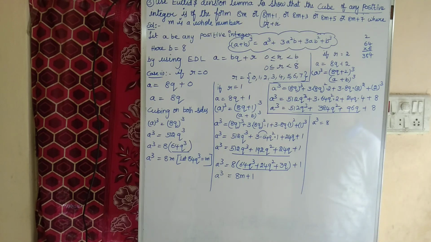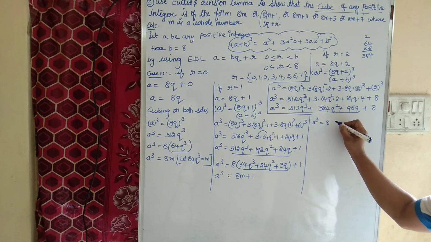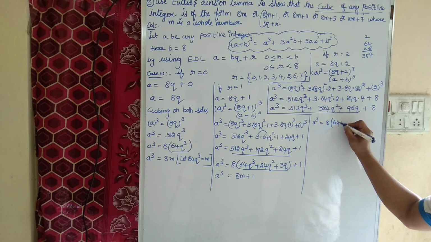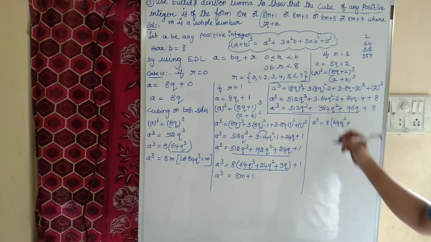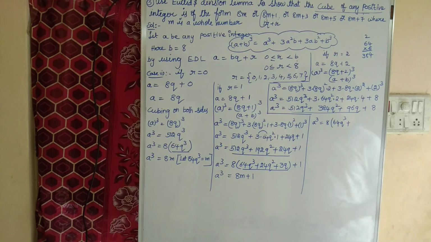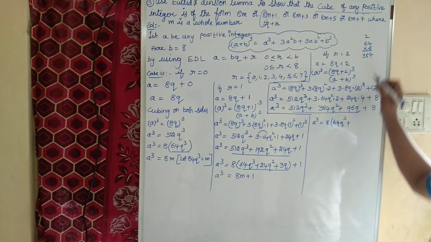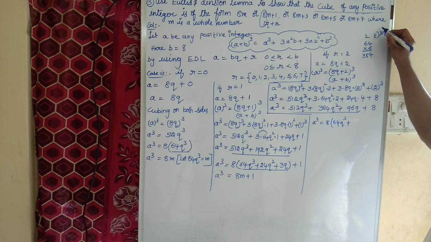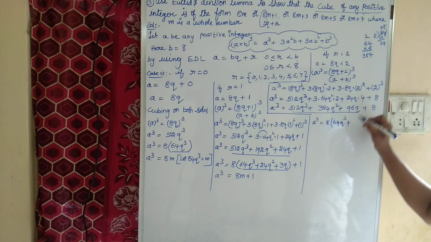If I take 8 as common, 8 how much? 512. 8 64 ja. 8 how much? 384. 384 divided by 8. 8 4 is 32, 6 4 8 8 ja, 8 48 ja.